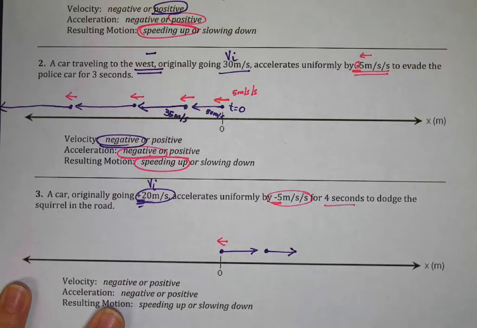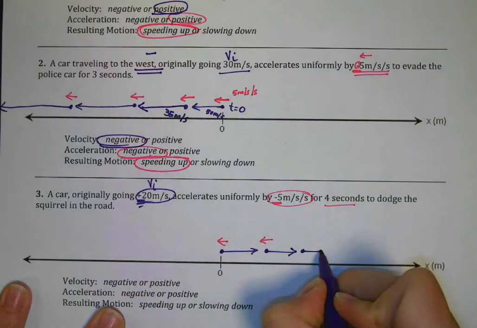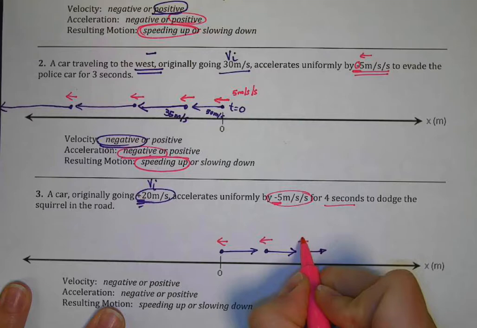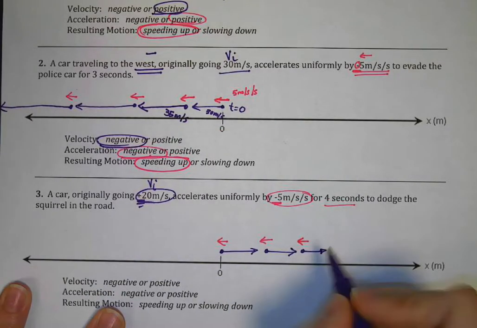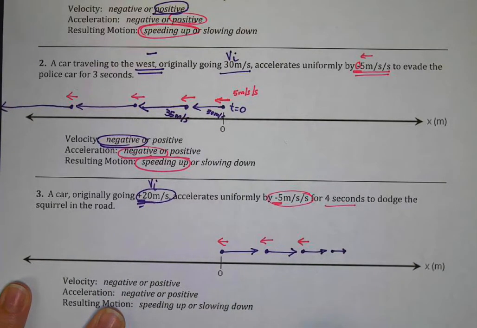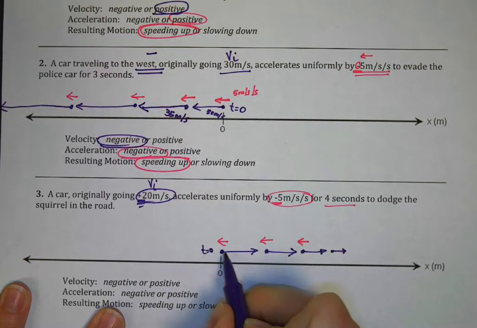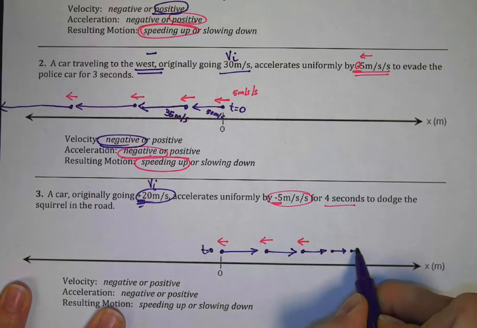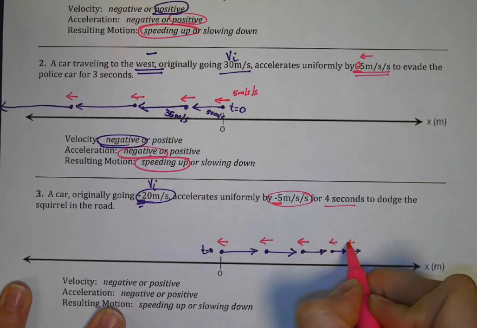Hopefully my arrow looks smaller there. You're still accelerating to the left while moving to the right, so my next arrow has to be even smaller. Same thing is happening, smaller. And so far we're at time equals 0, so that's 1, 2, 3. We need to go for 1 more second while still accelerating.